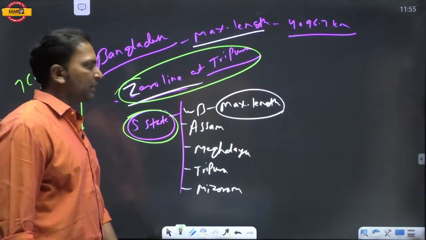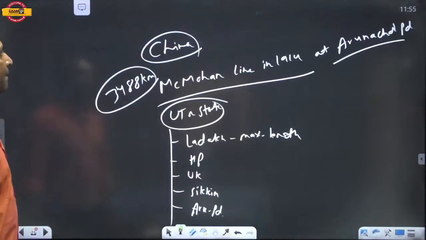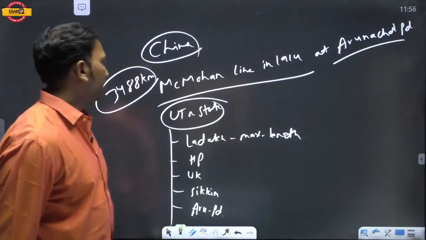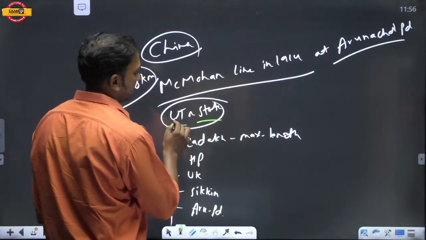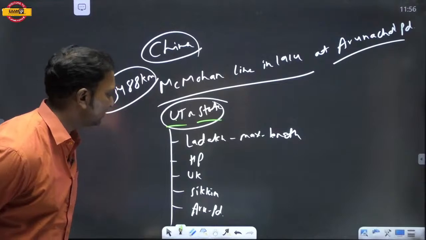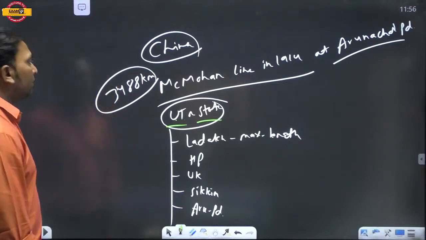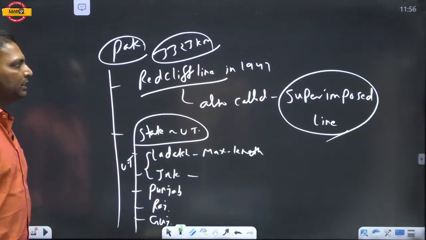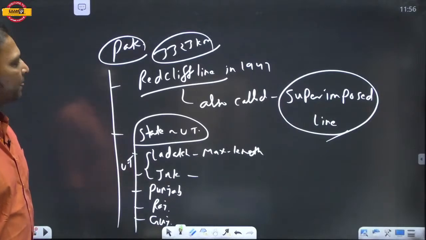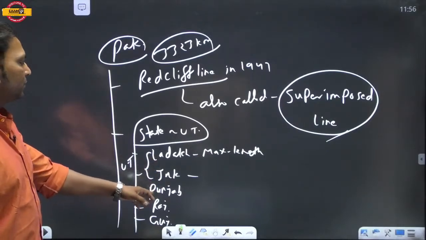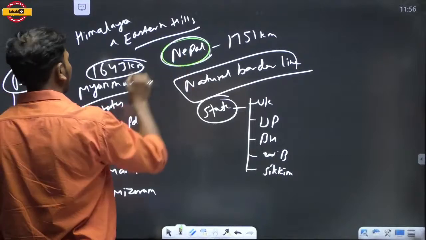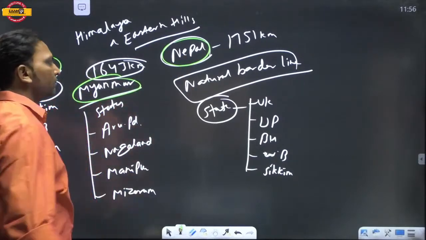Then China: there is a line, the McMahon Line, formed in 1914, at Arunachal Pradesh, and the states and union territories are Ladakh, Himachal Pradesh, Uttarakhand, Sikkim, and Arunachal Pradesh, with a length of 3488 kilometers. Then Pakistan: 3323 kilometers, the Radcliffe Line of 1947, also referred to as a superimposed line. The states and union territories are Ladakh, Jammu Kashmir, Punjab, Rajasthan, and Gujarat. Then Nepal, Myanmar, and Bhutan.